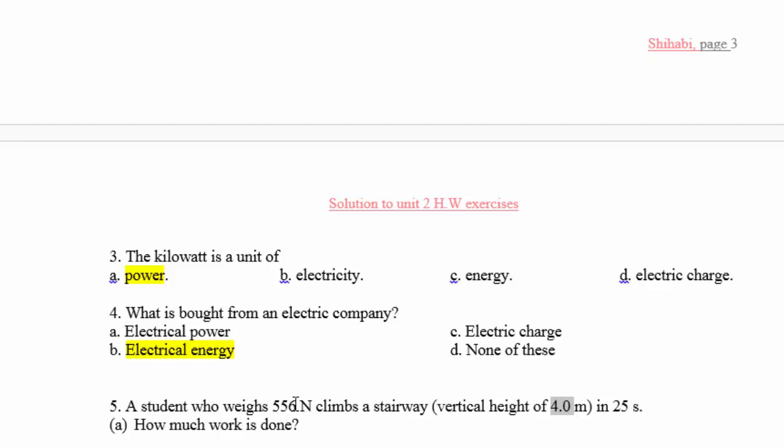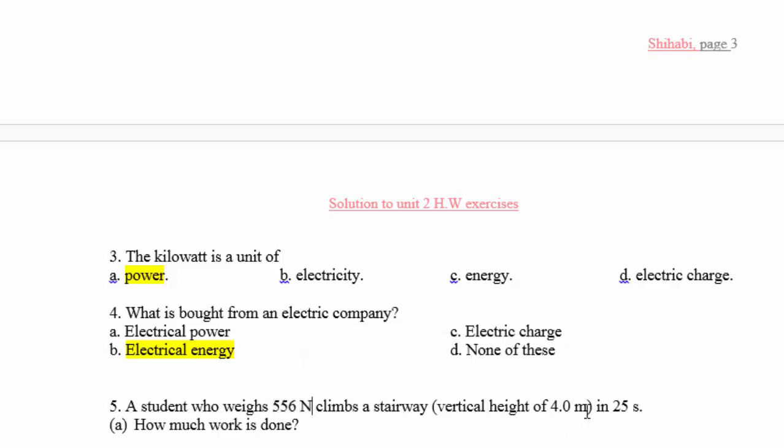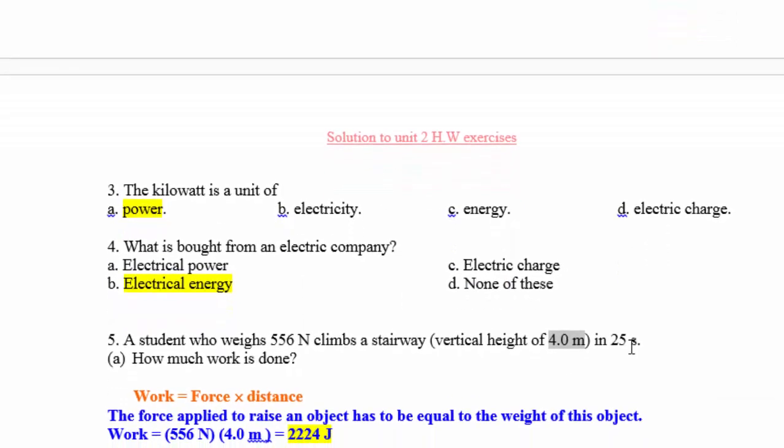In order for any person to climb a certain flight of stairs, he or she has to apply a force minimum equal to their weight. So since the student weighs 556, that's the force he needs to apply. That's the force he exerts times the distance, which is 4 meters, and this will yield the work.